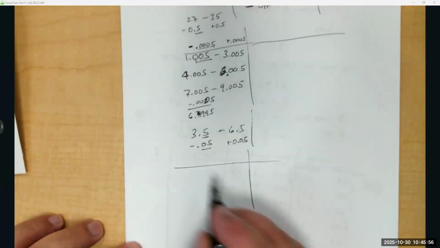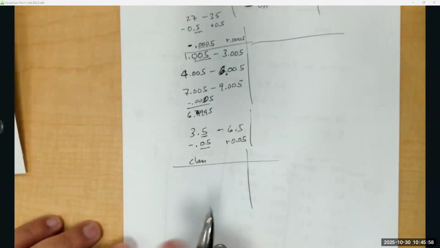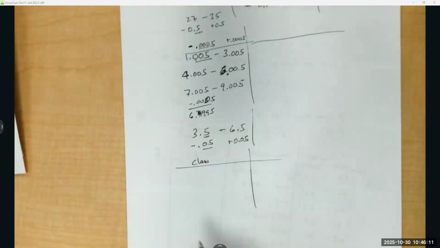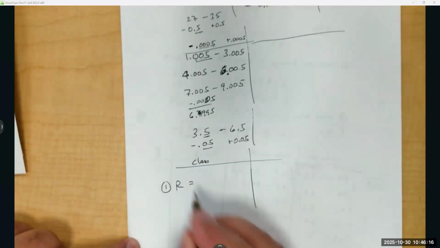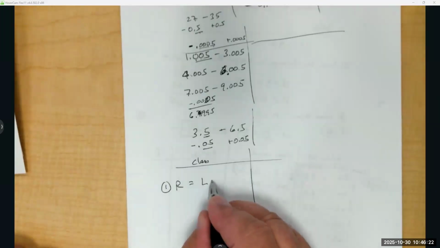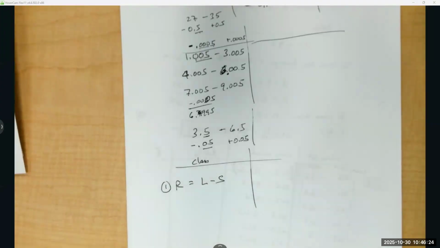How do you create the class column? What are the steps to finding the class set? First, find the range. What's the formula for the range? Largest minus smallest, very good.